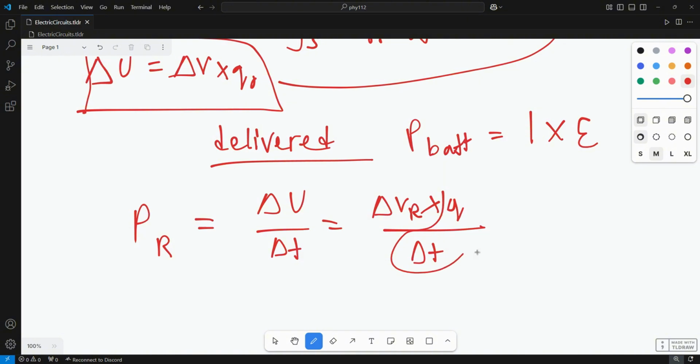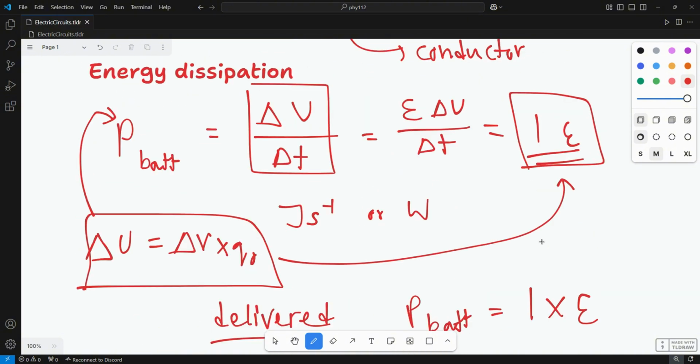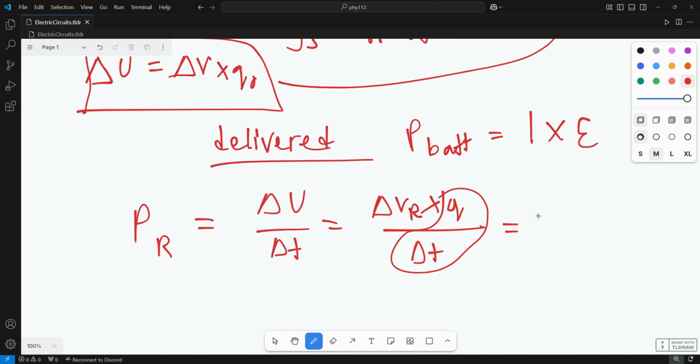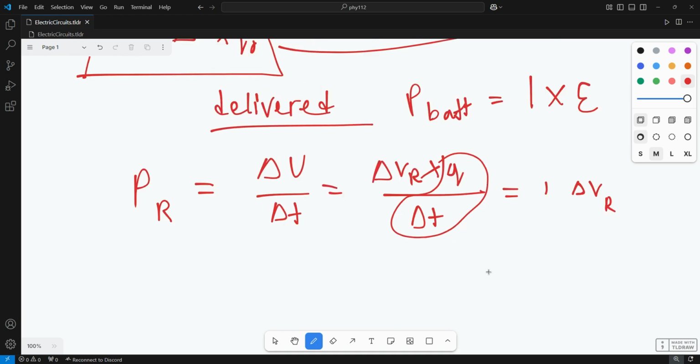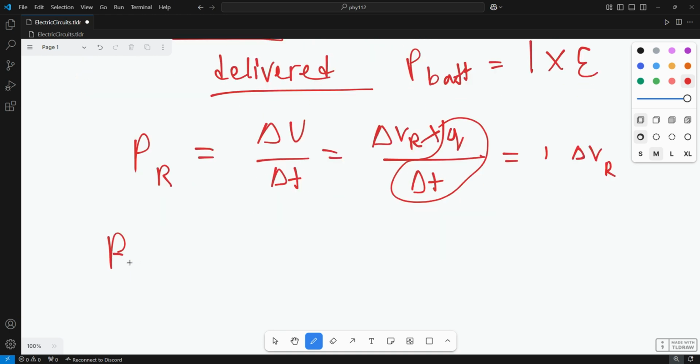And we know this is ultimately the current times this delta V R. So from here we can write that the power which is dissipated is equal to I times delta V R, and we know that this delta V can also be represented as IR according to Ohm's law.